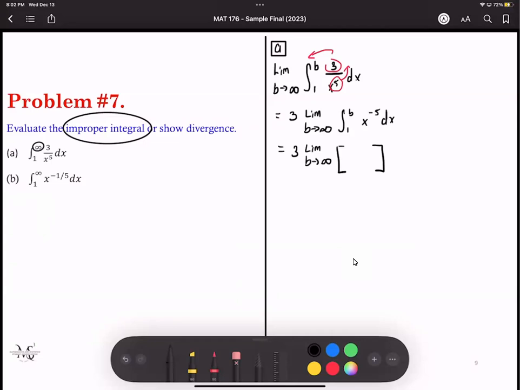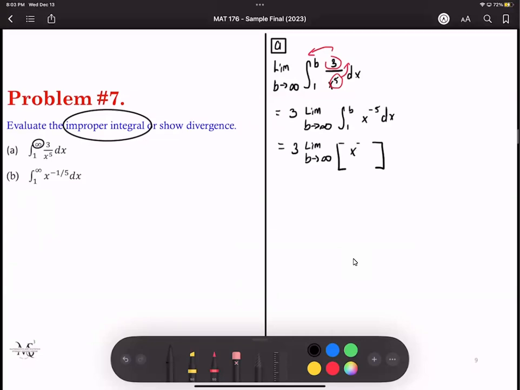The antiderivative of x to the negative fifth is x to the negative fourth over negative 4. Remember, you have to add 1 to the exponent and then divide by that sum. And then I'm going to write out my limits of integration here. We have x equals 1 to x equals b.